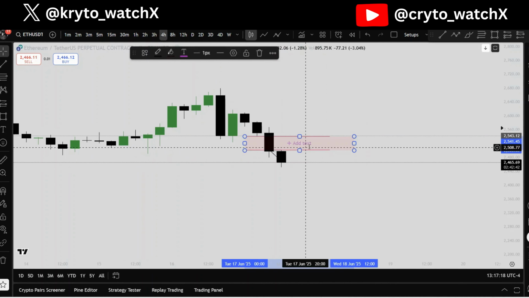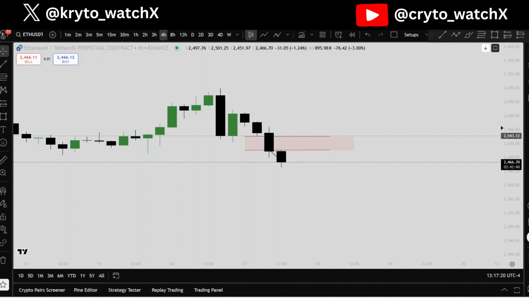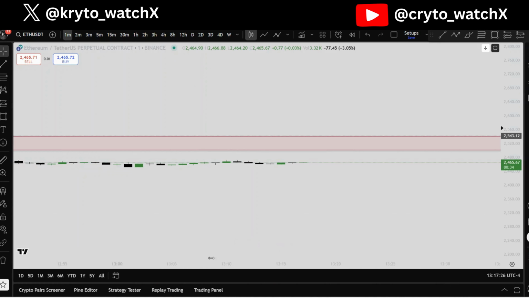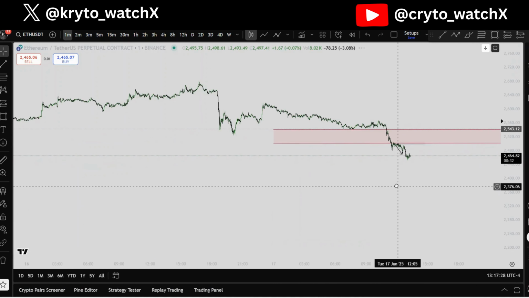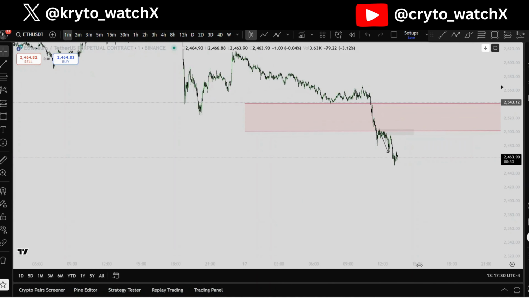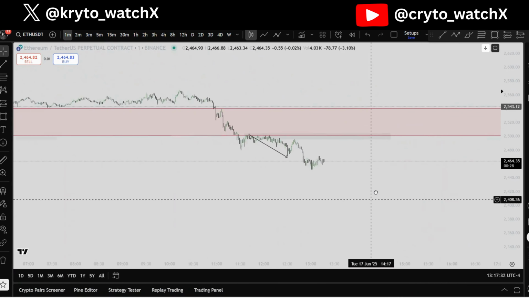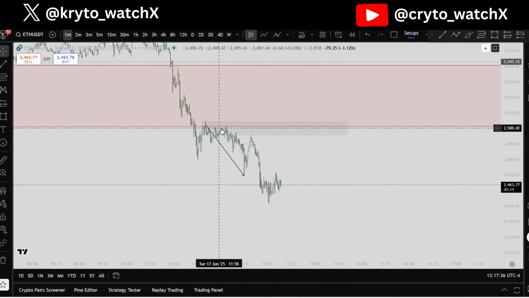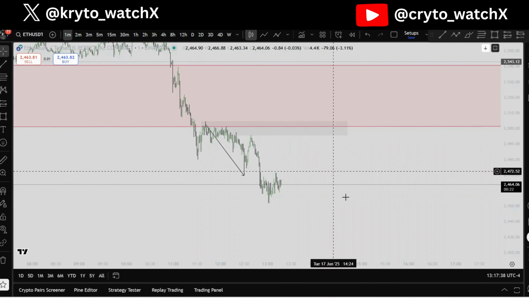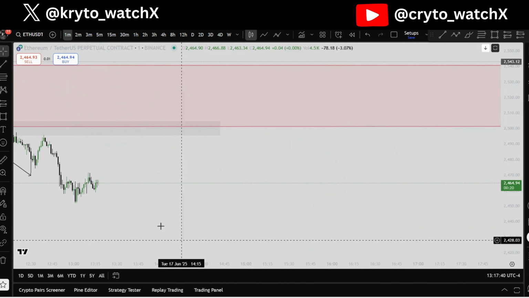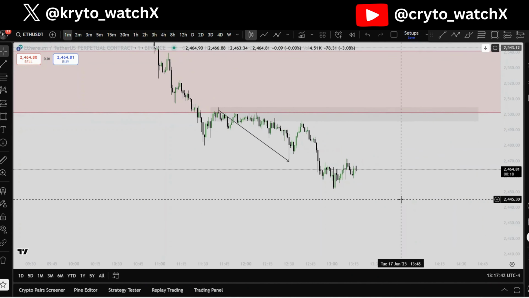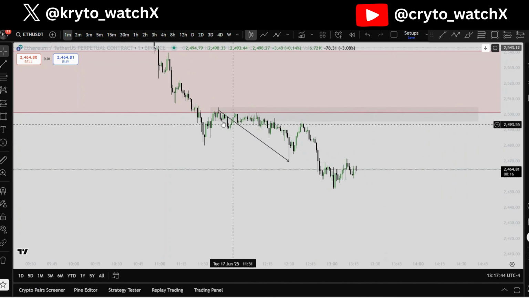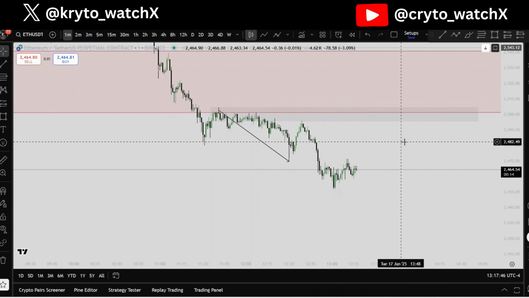We don't need the trend lines or anything, whatever is easy for you. So we saw on the 1 minute chart that the price rejected from the 4-hour FVG, and we waited for the price to come back to the 1 minute bearish order block. We marked our order block here.